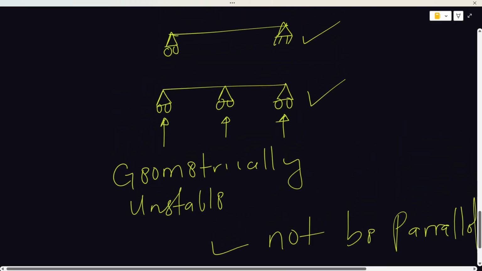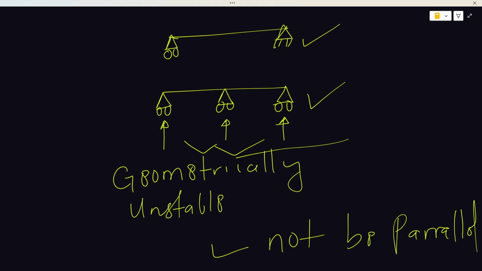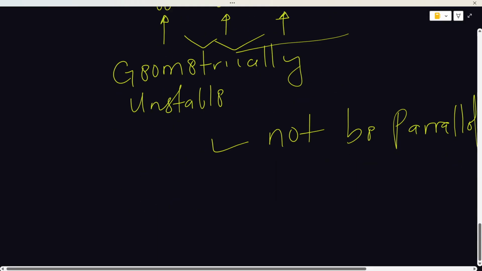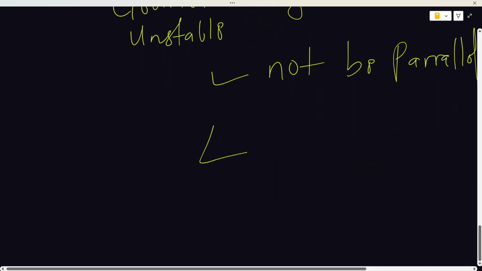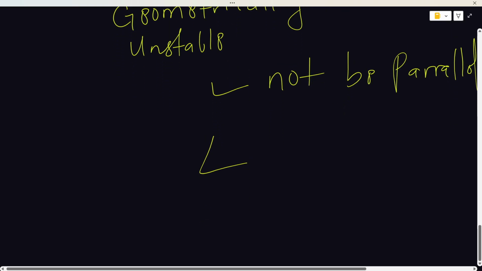For this particular structure, the forces are all parallel, so we can consider it a geometrically unstable structure. Another scenario for it not to be a geometrically stable structure is that the forces must not be concurrent.